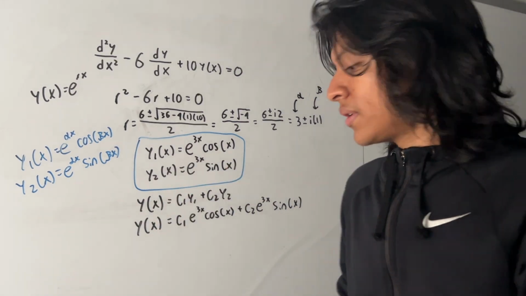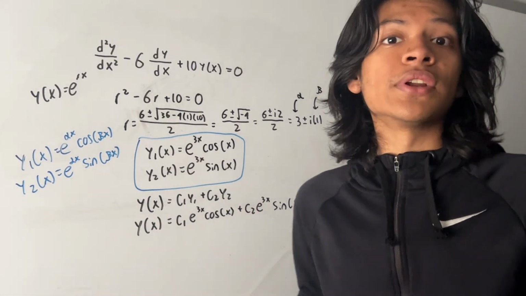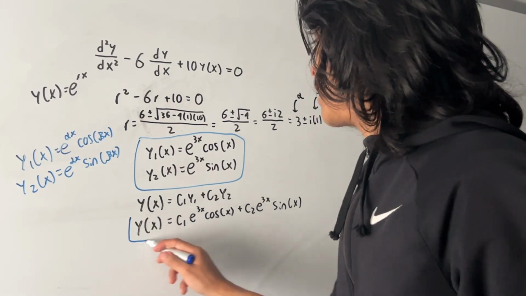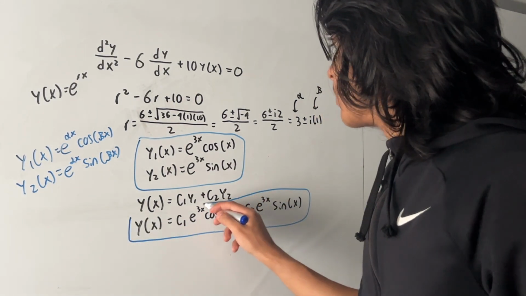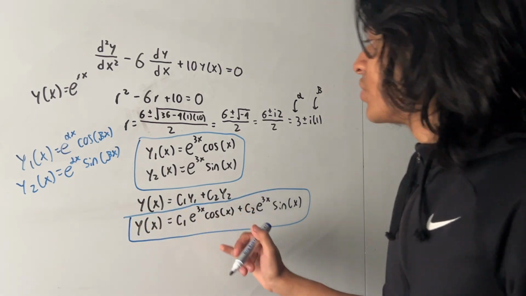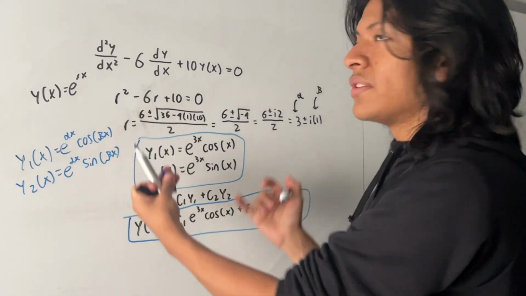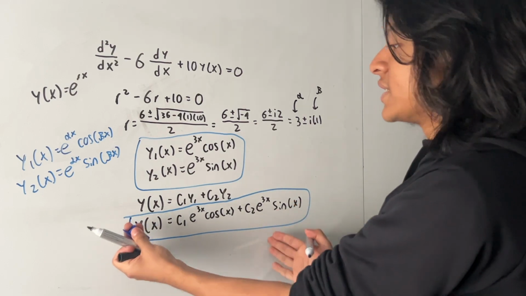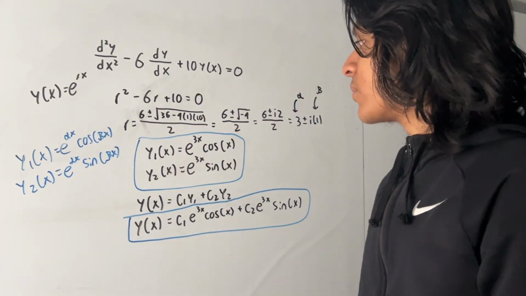And this, as you may know, will help us solve initial value problems. This right here is going to be our general solution. These are fine, they're right, but this is the more general solution for this differential equation.